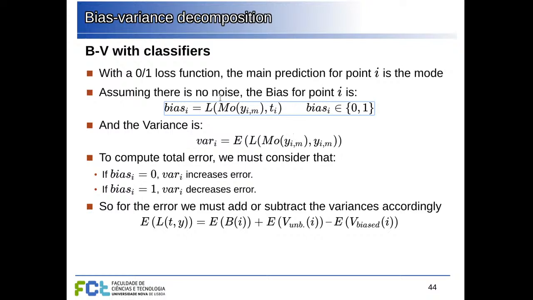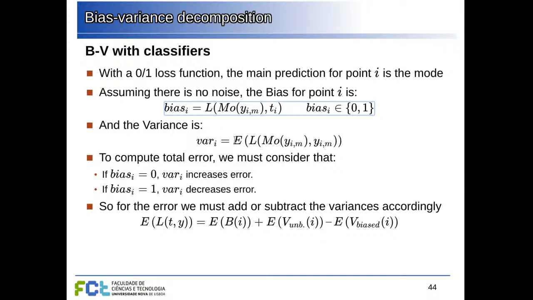So basically, bias is 1 if the majority vote is wrong. So if the majority vote is different from the actual class, this loss function returns a 1. The bias is 0 if the majority vote is correct. So if most of the hypotheses are voting for the correct class, then bias is 0.